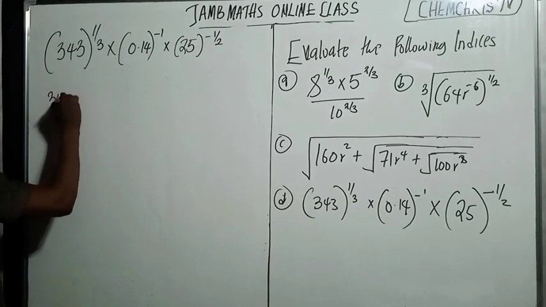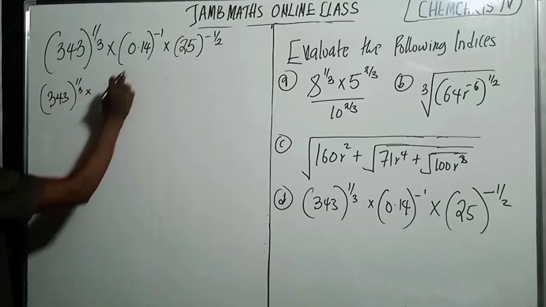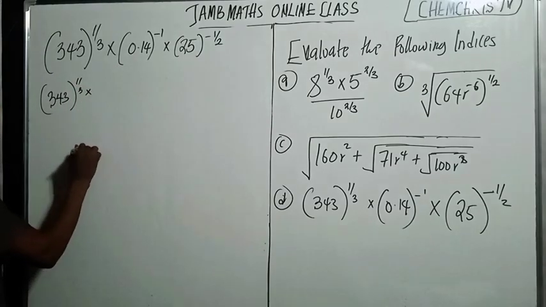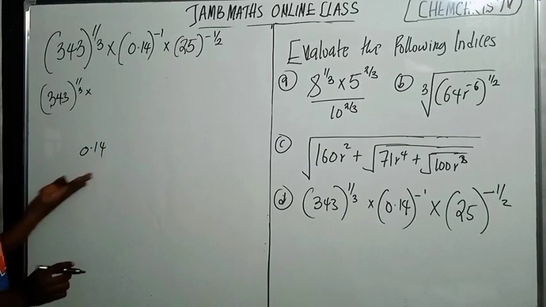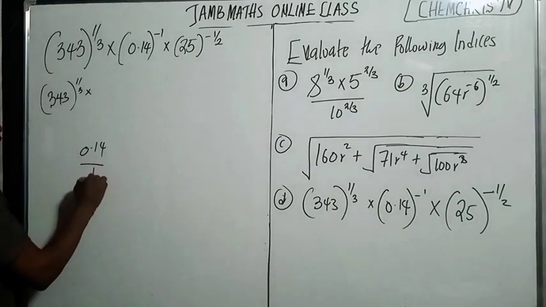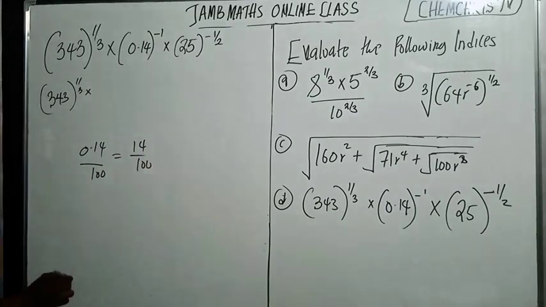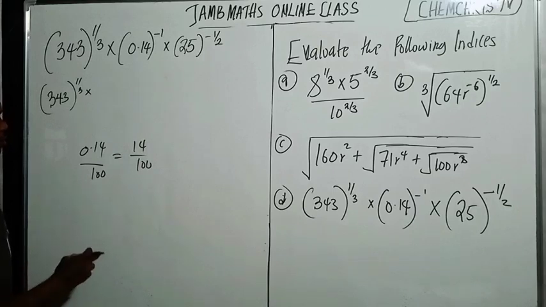3, 4, 3, 1 over 3 times. Now, whenever you have 0.14, let's remove the 0 here. It's going to be 100, right? So it will be 14 over what? 100, right?